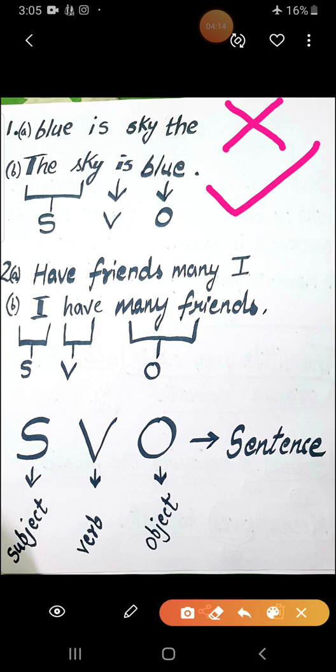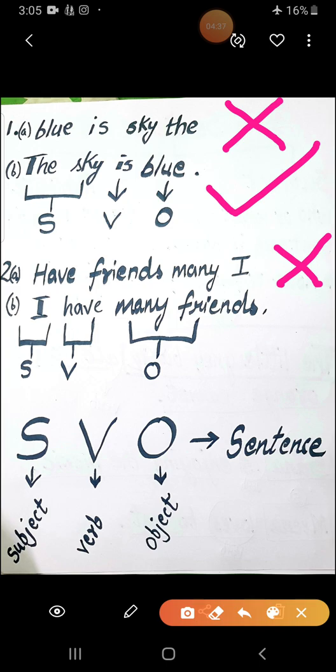Then you can see the second A part: have friends many I. Again, these are a group of words. It is starting with a capital letter, but it's not ending with any punctuation mark and it is not giving a proper sense. It means it is not a sentence.